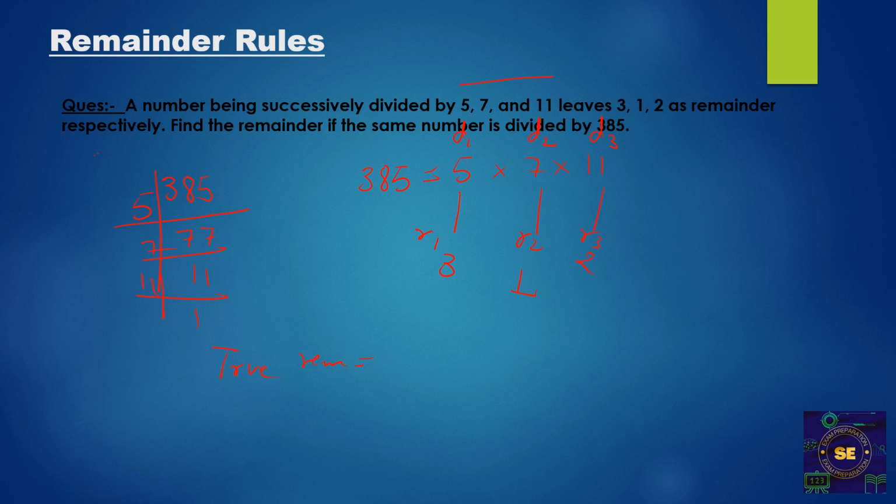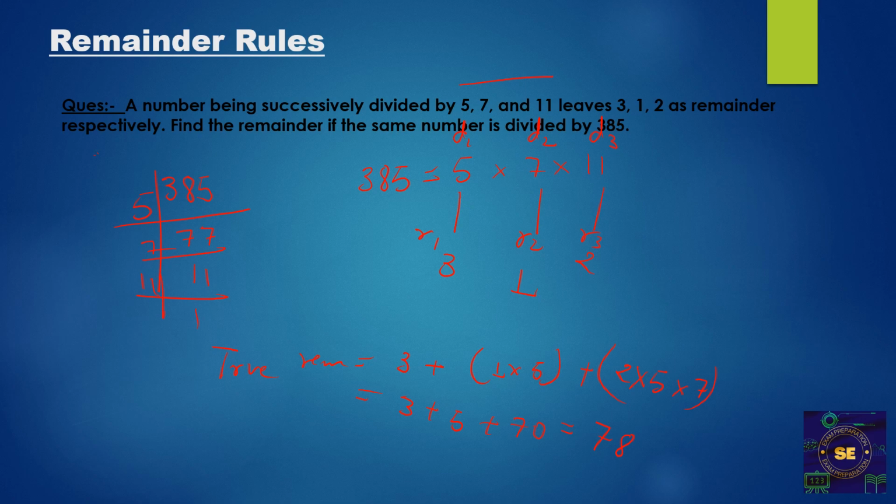By the formula, R1 which is 3, plus R2 into 5, so 1 into 5, plus R3 into 5 into 7, so 2 into 5 into 7. So it will be 3 plus 5 plus 70, which is 78. So the true remainder when the number is divided by 385 will be 78.